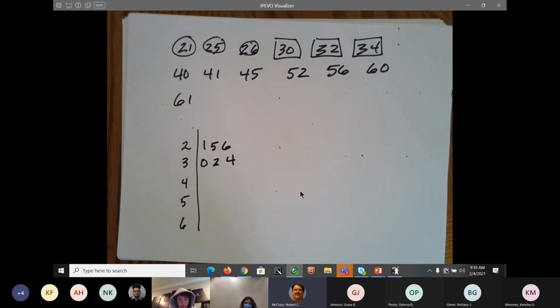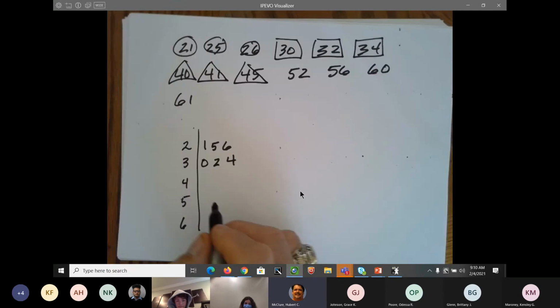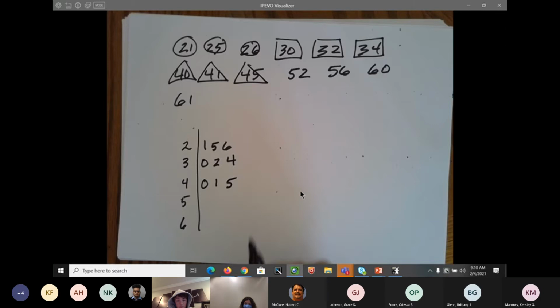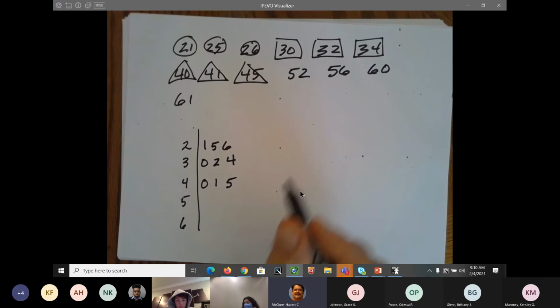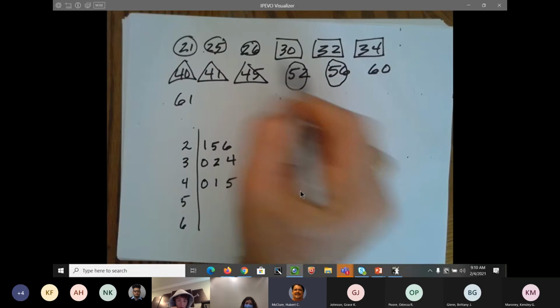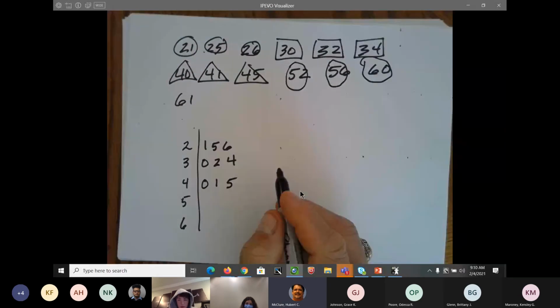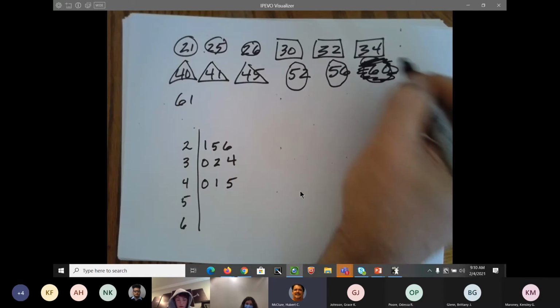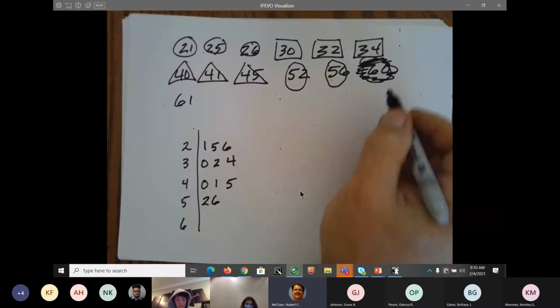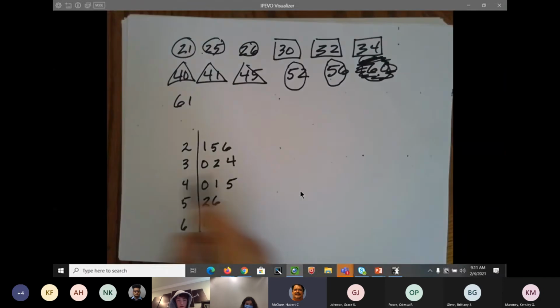And then the 40s would be 0, 1, and 5. The 50s would be a 2 and a 6, and then the 60s would be 0 and a 1. And that's a stem and leaf plot.